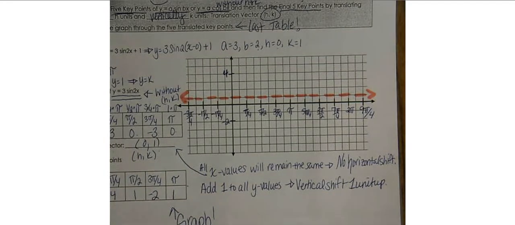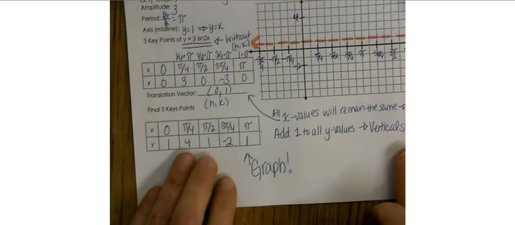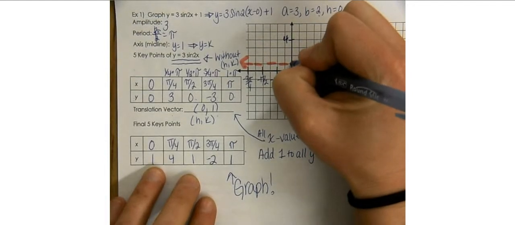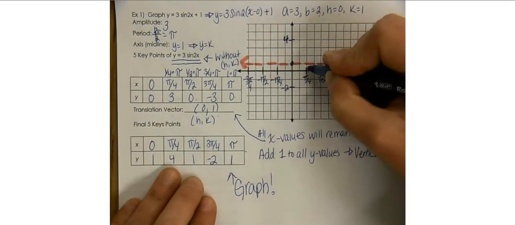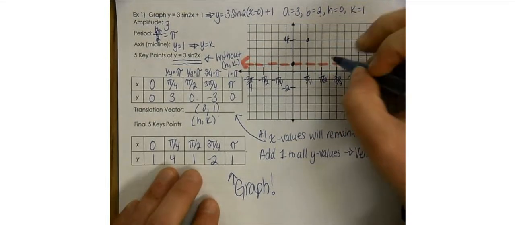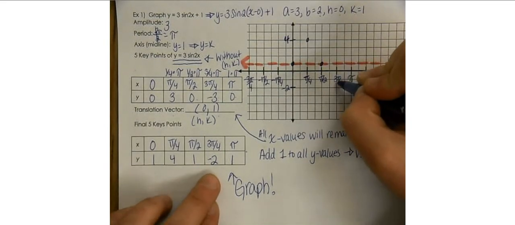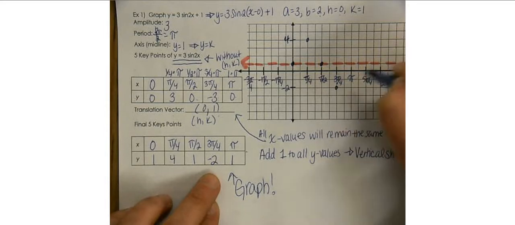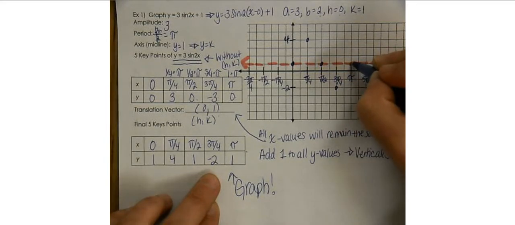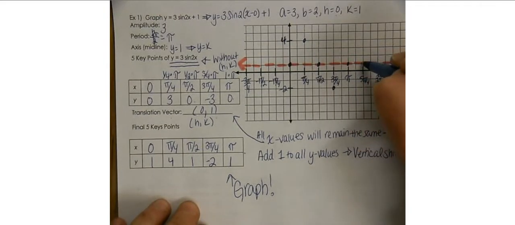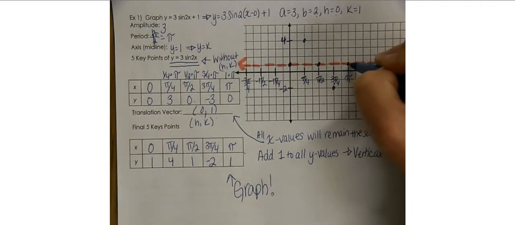So now I'm going to plot these points down here, and I'm going to start with 0, 1. Then I'm going to go to pi over 4, 4, pi over 2, 1, 3 pi over 4 down to negative 2, pi up to 1. And I'm going to repeat this pattern over and over again. So I went down, up, back to like your 0, but this is going to be 1.